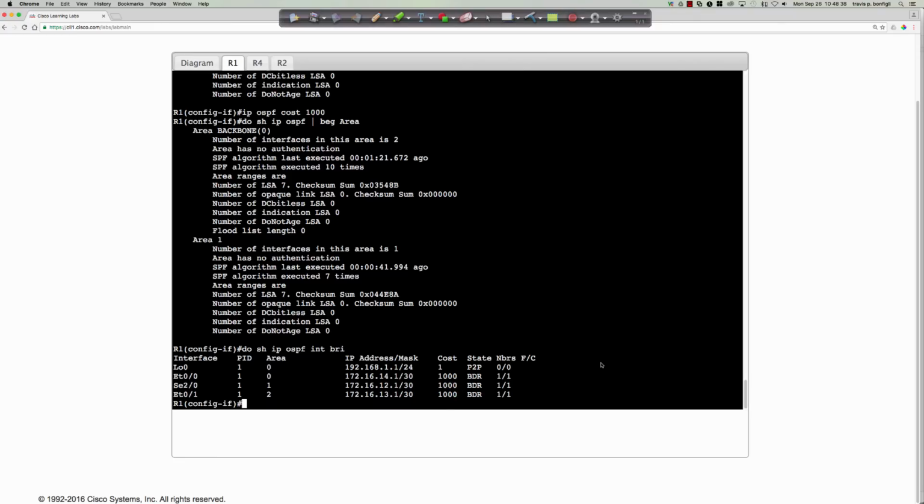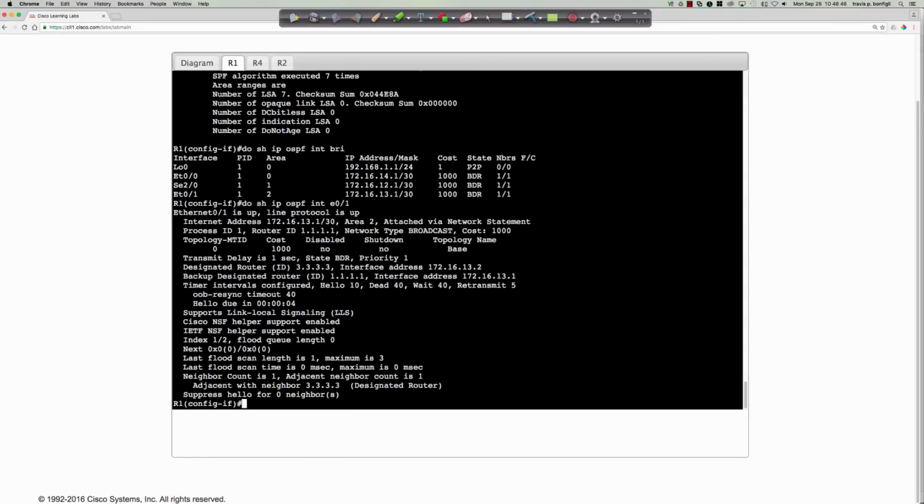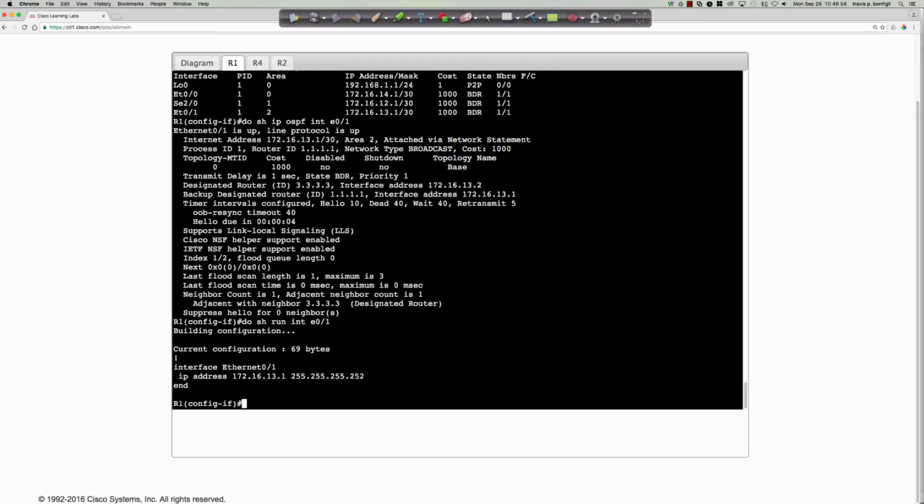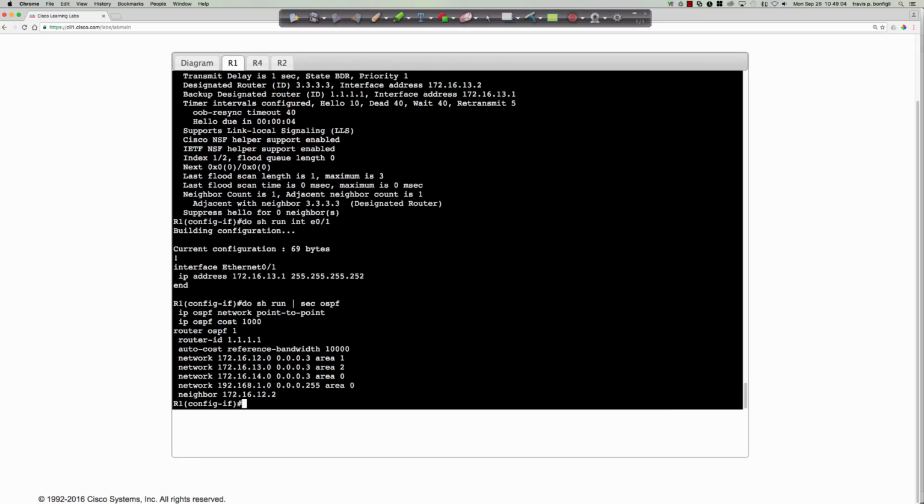When we take a look at Ethernet 0/1, you can see that the cost is set to 1,000. If I were to say do show run interface Ethernet, I'm curious as to why that is set to 1,000. I thought we set it to 10,000 in our auto cost reference bandwidth. Do show run section OSPF, and it is set to 10,000.